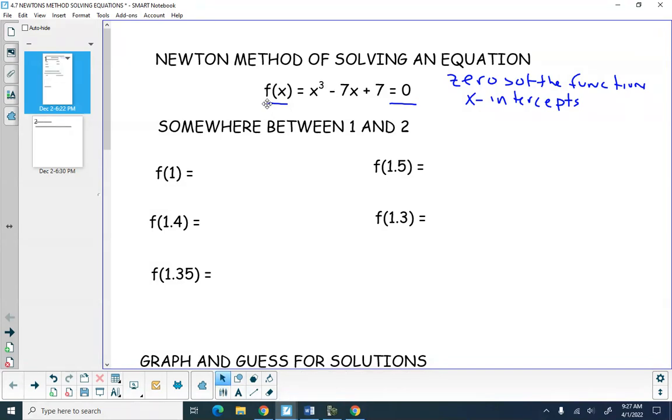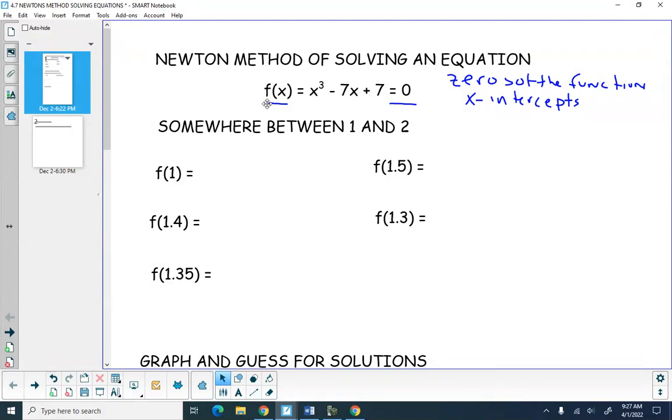Well, there's no way of factoring this down. There's not a quadratic formula that we can utilize because we're not in quadratic form. But we still want to find ways of coming up with the solutions. And Newton was able to develop a way to allow us to solve this type of equation.